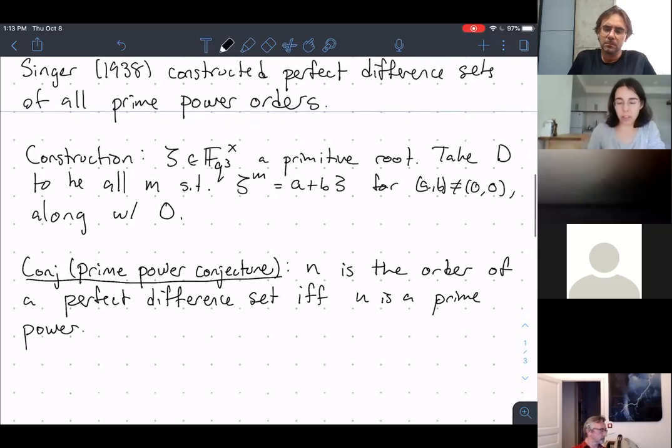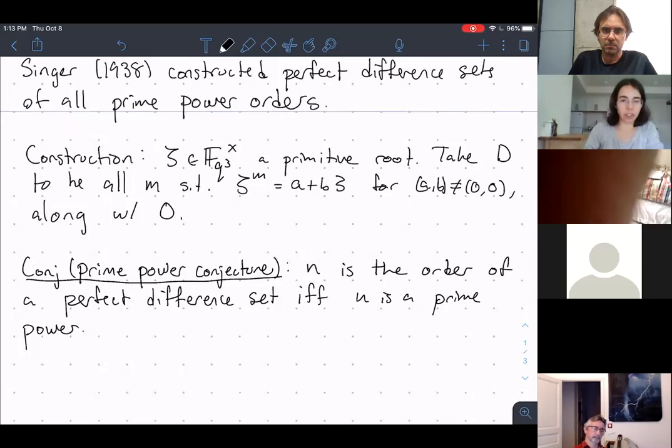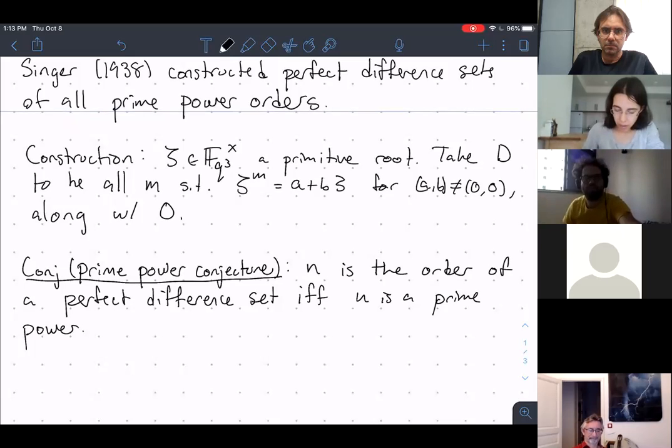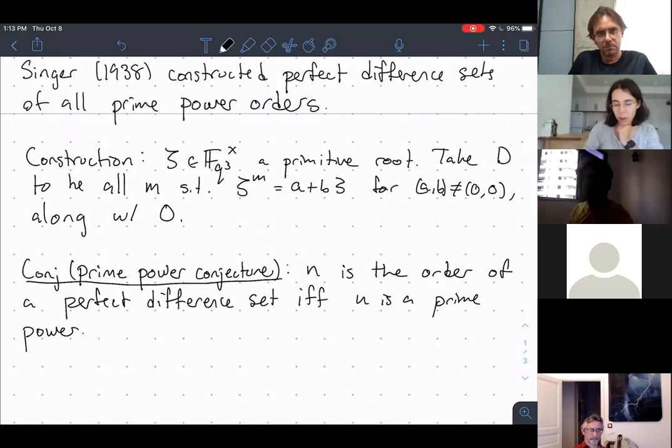Singer didn't conjecture this himself. He conjectured something different but related that I'll mention in a bit. The earliest reference I can find to this conjecture is in a paper of Marshall Hall in 1947, but he makes it sound like people had been conjecturing it for a few years earlier. So Singer gives one direction of this conjecture. The open question is, are there any perfect difference sets of non-prime power order?